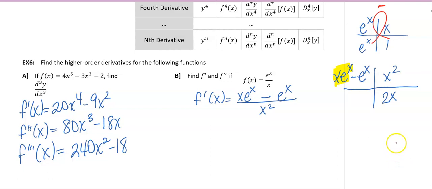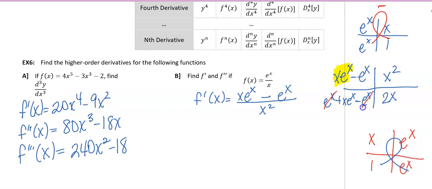So off to the side, we have x e to the x, and let's do the bow tie here. We're going to bring it up, which is e to the x plus x e to the x minus the derivative of e to the x is e to the x. It's ugly, but it looks like we have like terms which will drop out.